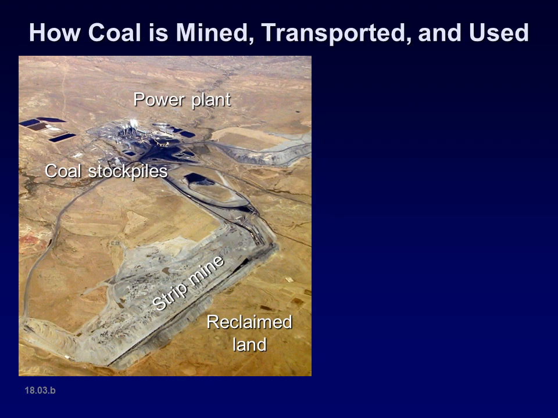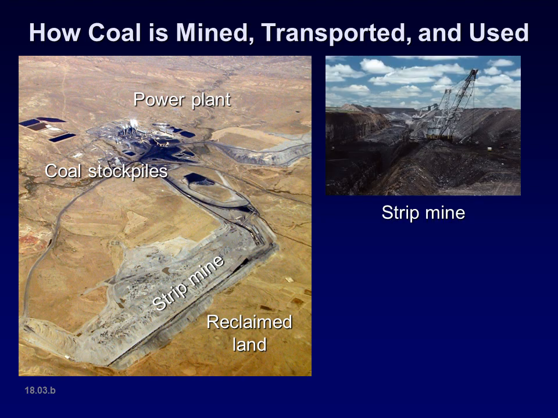How is coal mined, transported, and used? Coal is mined in large open pits when it's close to the surface, or from underground mines in coal seams. So a strip mine is just an open pit mine, meaning it's open to the surface.